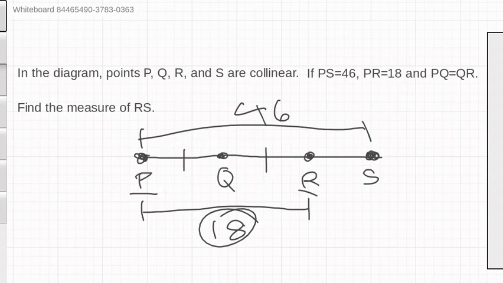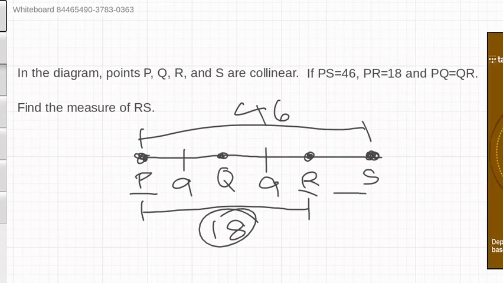This is pretty easy. We know that it's going to be 9. And then we can just do 46 minus 18 is equal to RS. But we didn't have to figure out the 9 and everything. We could have done it without that.